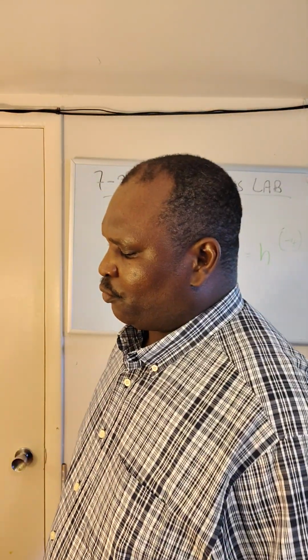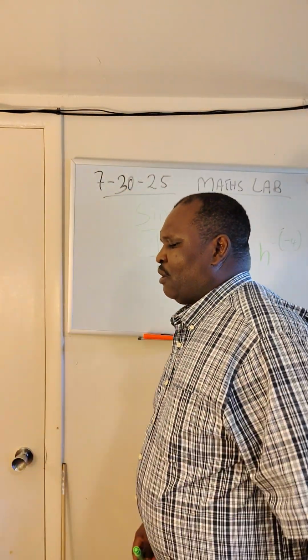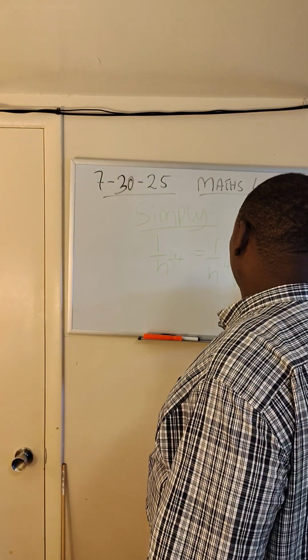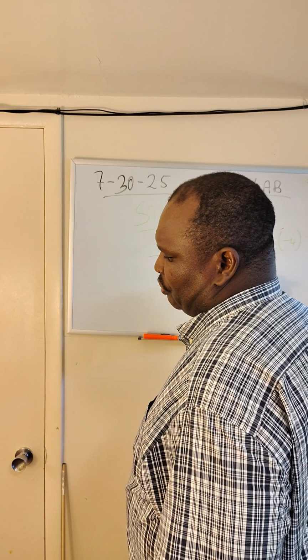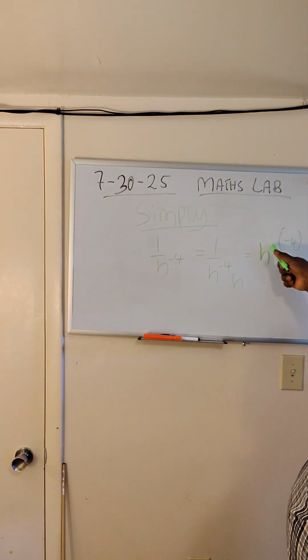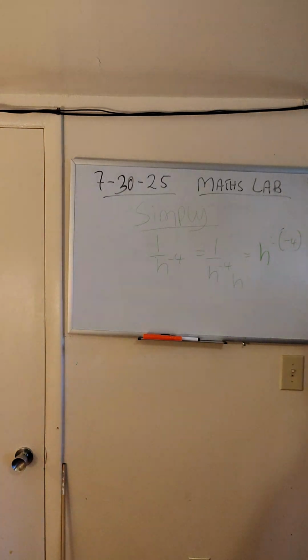And now what do we get when we do that? Now when we do that, we get h multiplied by negative 4 right there.